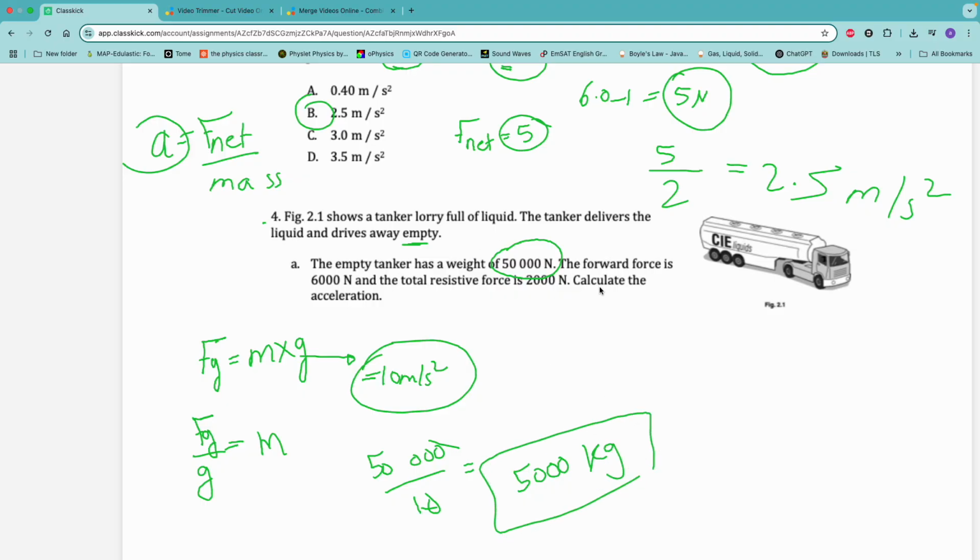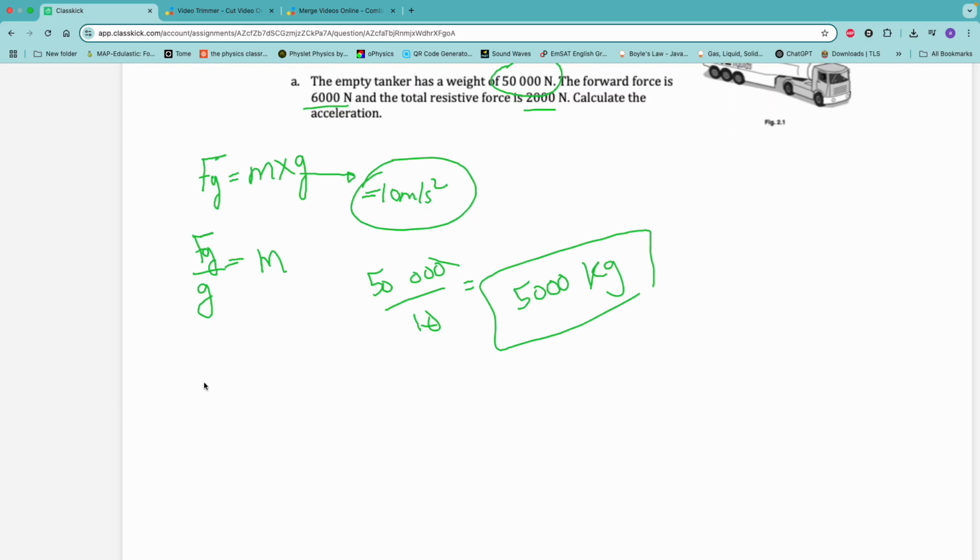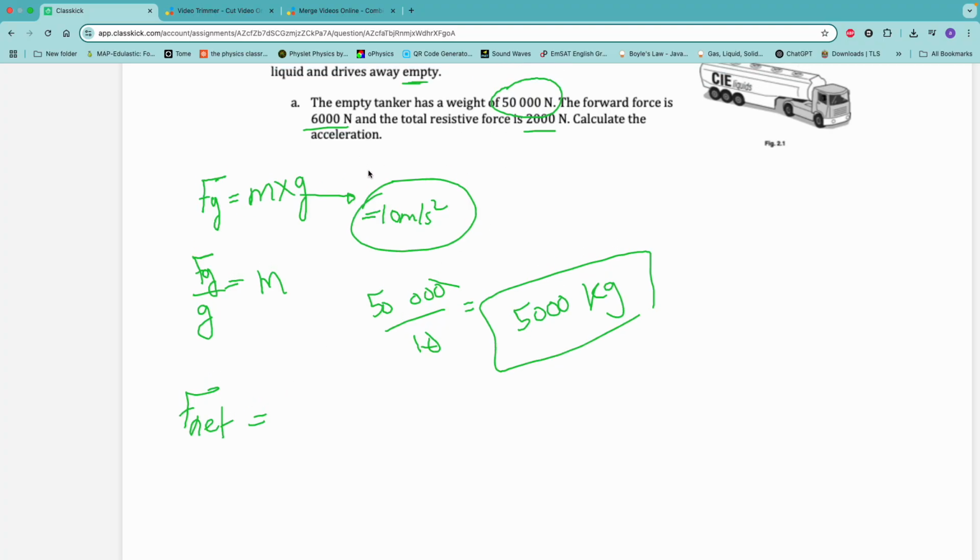Now, what the question asks about is that the forward force is 6,000 and there is a total resistive force. So step number 2, we need to calculate net force. Since we have two forces in two opposite directions, we're going to subtract them. 6,000 minus 2,000 gives 4,000 Newton. So step 1, you calculate mass.